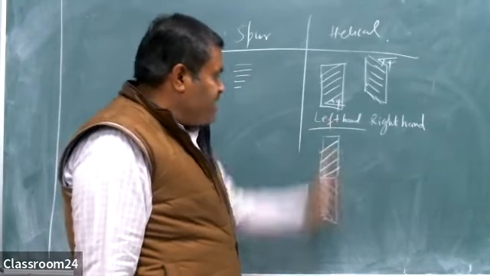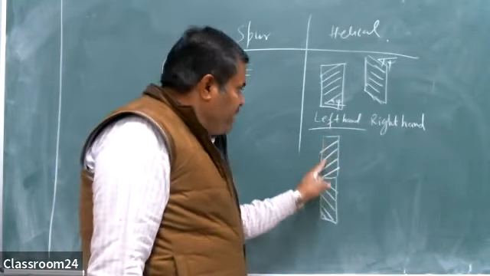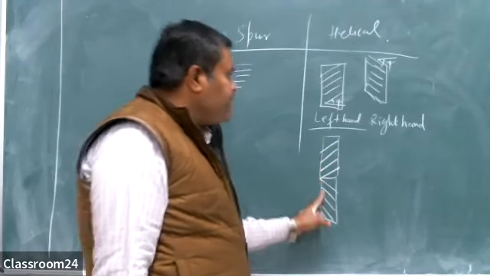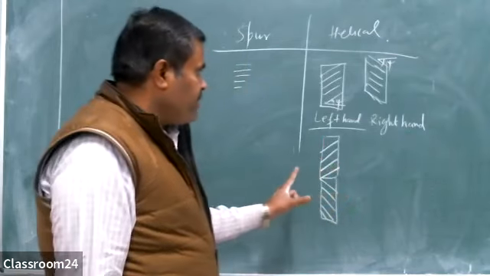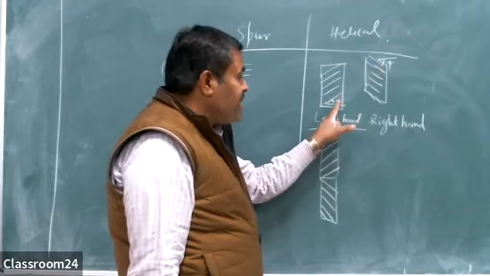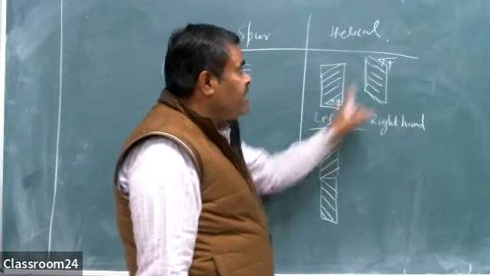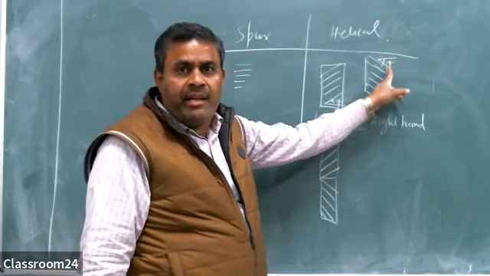So for meshing of helical gears, if the pinion is having right hand teeth, then the gear must have left hand teeth, or vice versa. I can say if psi is plus 30 degree for one gear, then psi will be minus 30 degree for the other gear.